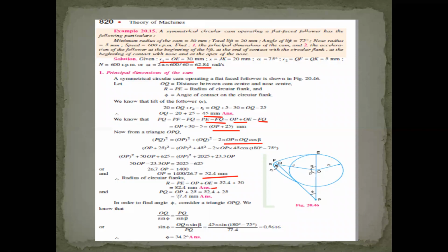Now find PQ. PQ equals OP plus 25, so PQ is 77.4 mm.